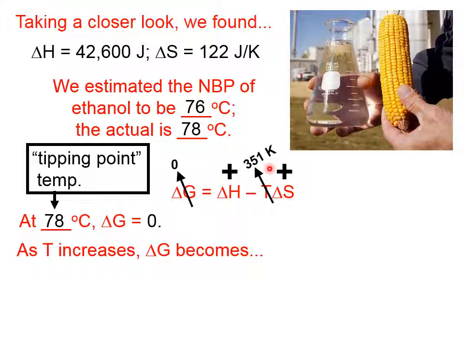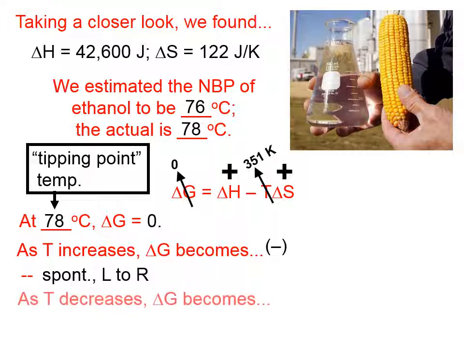In other words, if instead of 351 Kelvin, this were a bigger number, like 1000 Kelvin, then this product right here is going to become even more negative, and so delta G will become negative. Well, what does negative mean? Negative delta G means spontaneous, left to right. And we would expect that. As the temperature increases, we should expect liquid ethanol to spontaneously change into gaseous ethanol.